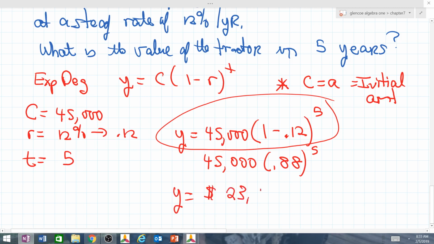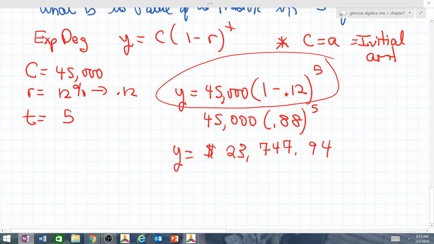I got $23,747.94. Okay? And sometimes they'll just have you round it to $23,748. Okay? I am fine either way. Let me just make a comment and say that on your test, it is free response. Both of these answers are correct.